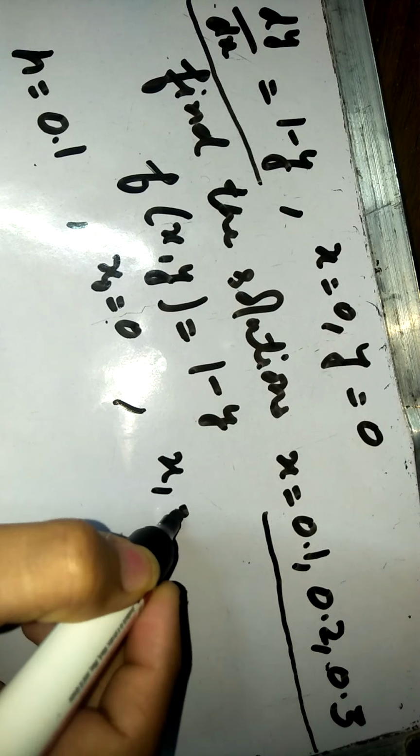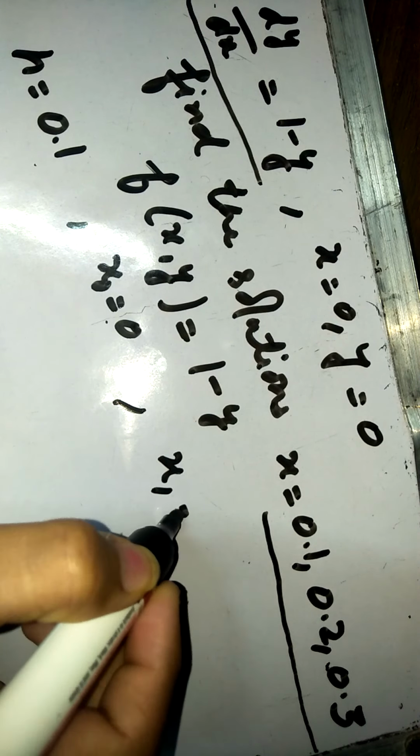So we apply Euler's method. y1 equals y0 plus h f of x0 comma y0, and y0 is given in the statement as 0, that is our initial condition.